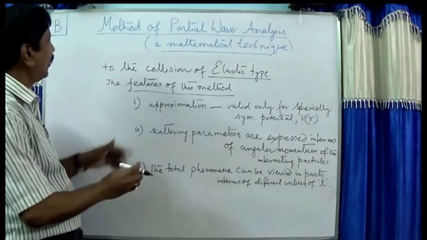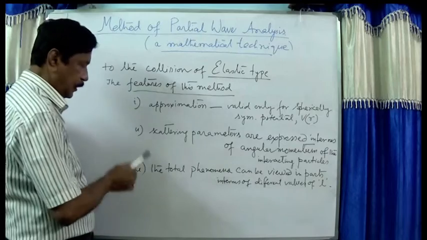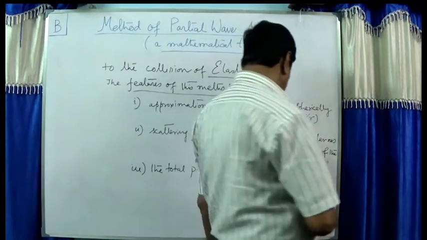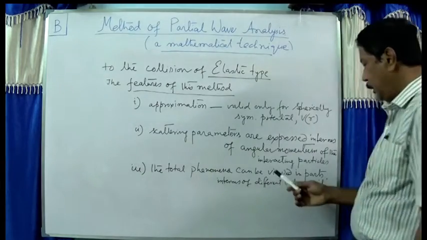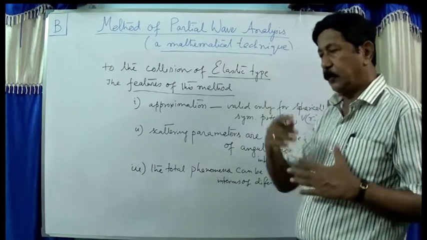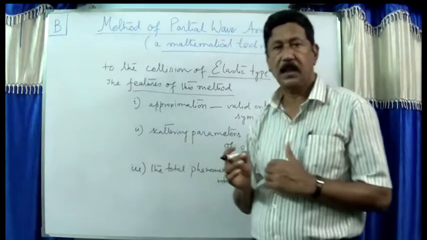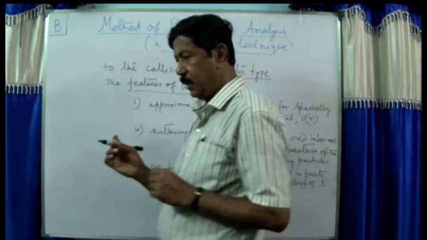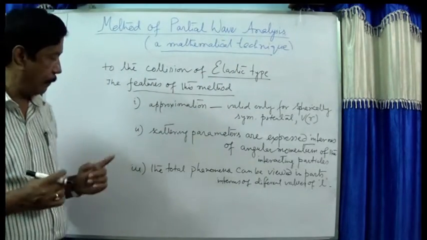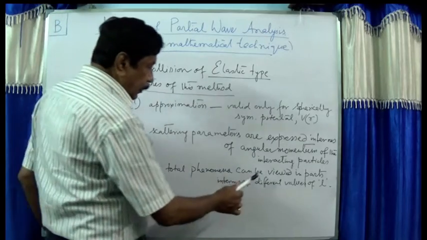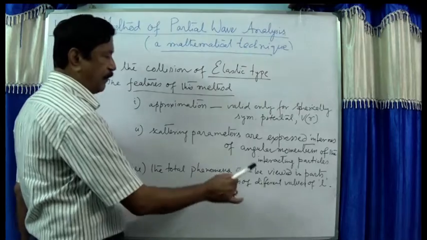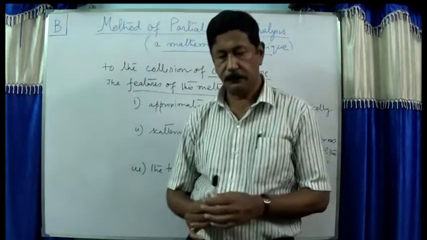The third feature of this method is that the total phenomena can be viewed in parts in terms of different values of L. That means the total scattering phenomena can be viewed from a theoretician's point of view in parts in terms of different values of L.